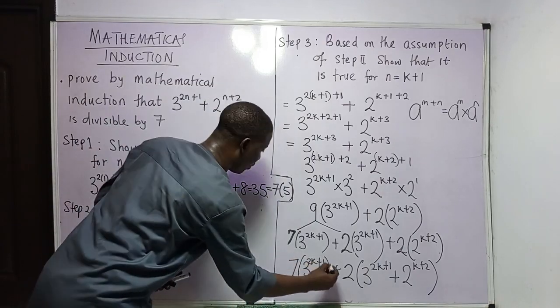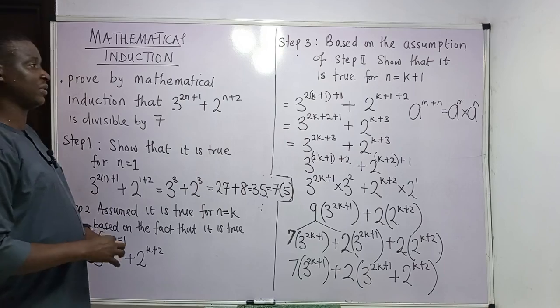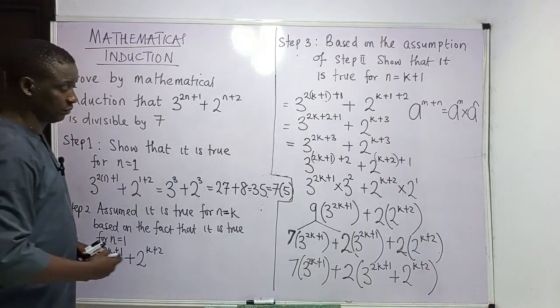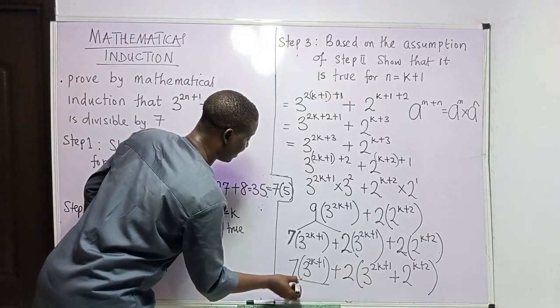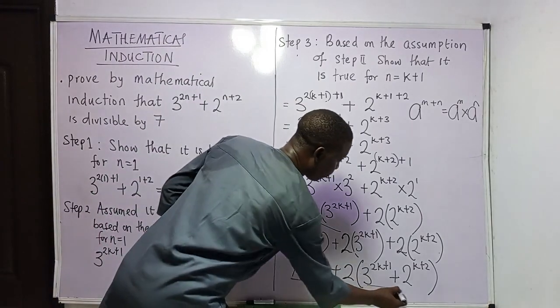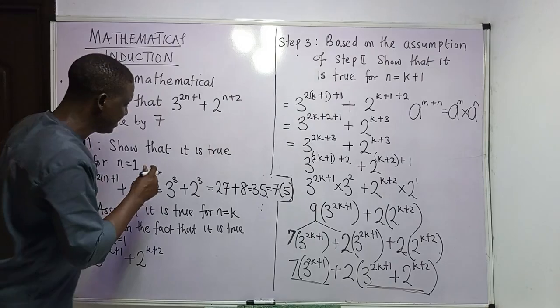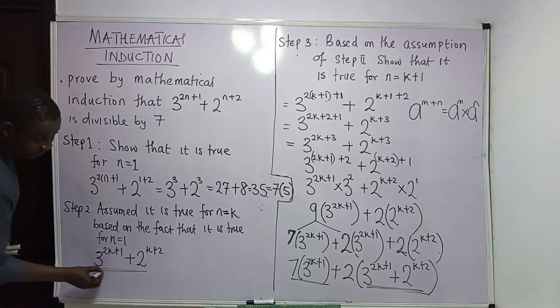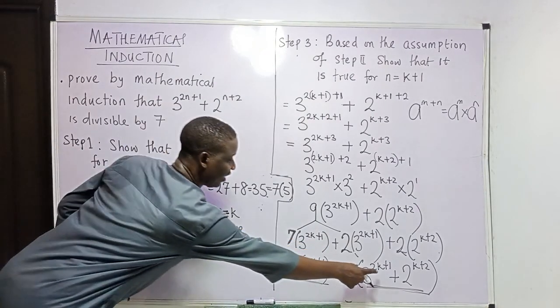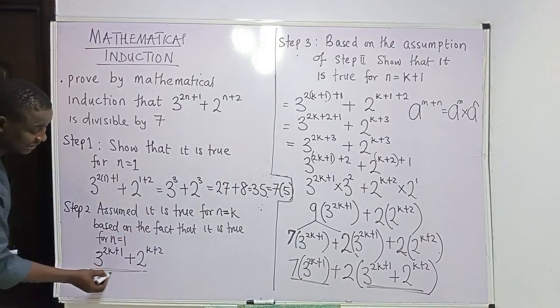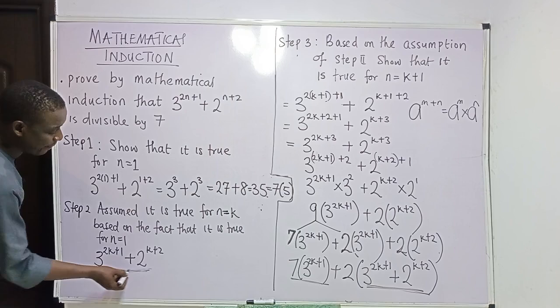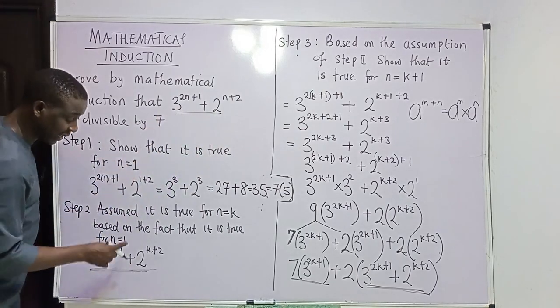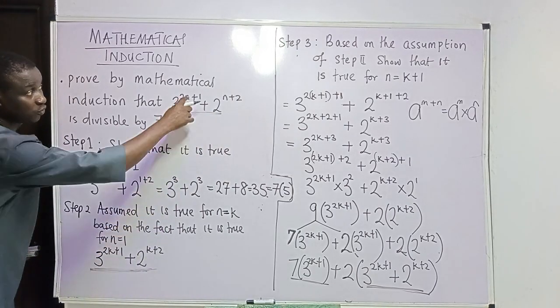Now, if you check this one very well, I want to show you something. You have already done that question. This part is divisible by 7. And this part, we have proved it already. It is the same as this one. Look at this one and this one. They are the same thing. This one is a replicant of this one, just that this one is in form of k and this one is in form of 1.